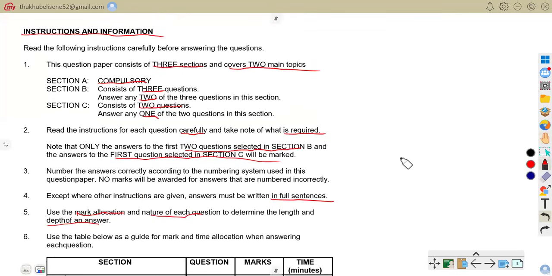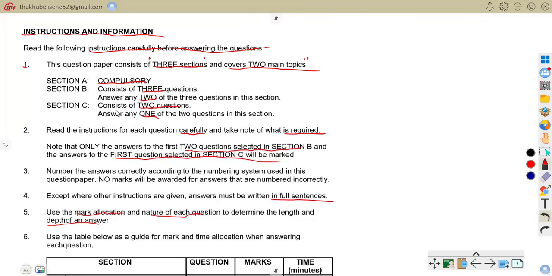Here we are on instructions and information. Read the following instructions carefully before answering the questions. The first instruction: the question paper consists of 3 sections and covers 2 main topics.